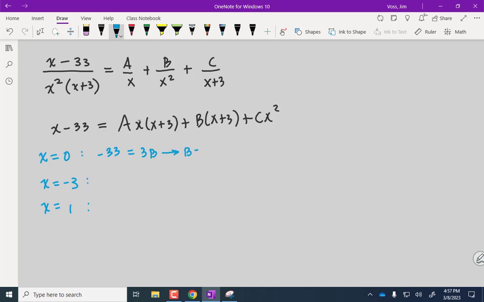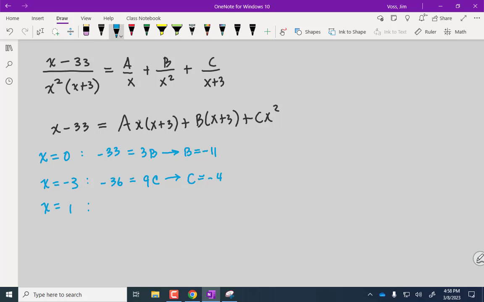So b will be -11. Plugging in x equals -3 will give us -36 on the left. So we're replacing every single x with a -3. On the right, we get 9c. That tells us that c is equal to -4.